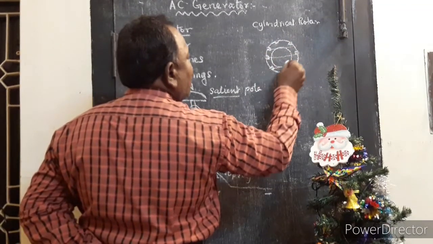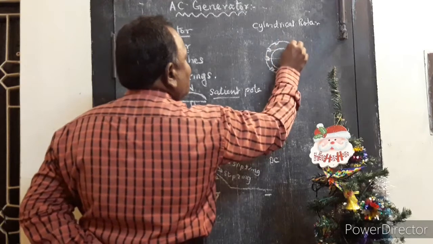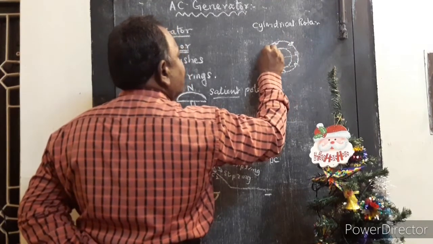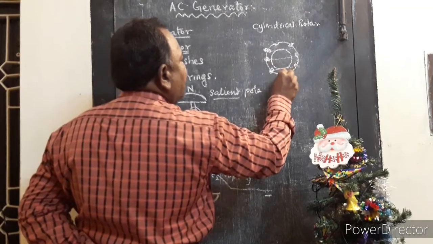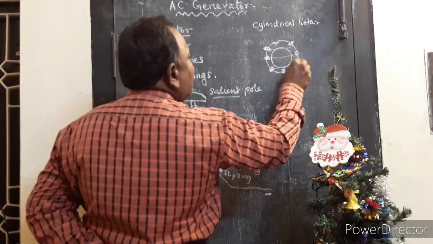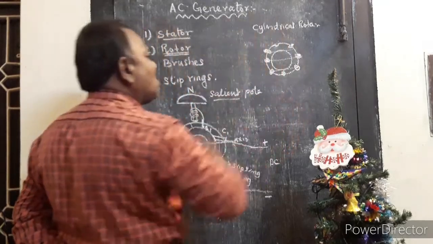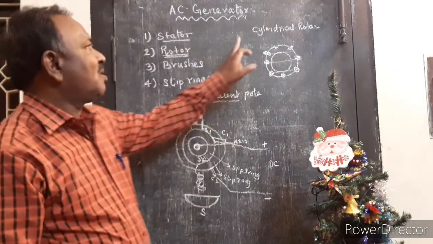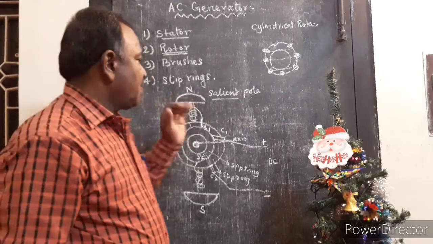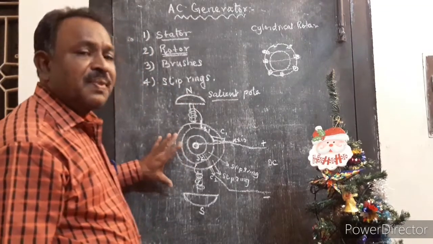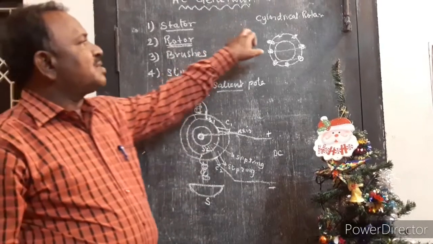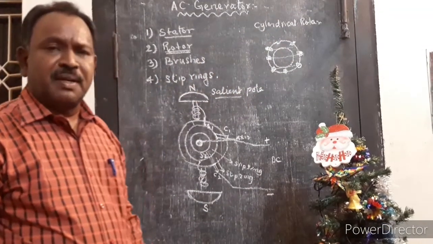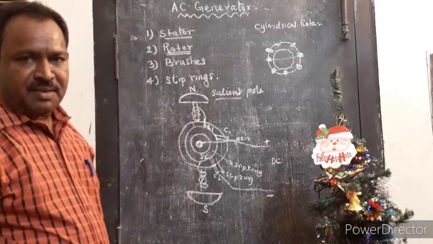One side goes inwards and the other comes outwards like this. The cylinder will have a large number of coils. So this is called a cylindrical rotor. The salient pole is used in low voltage generators and the cylindrical pole is used in high voltage generators.